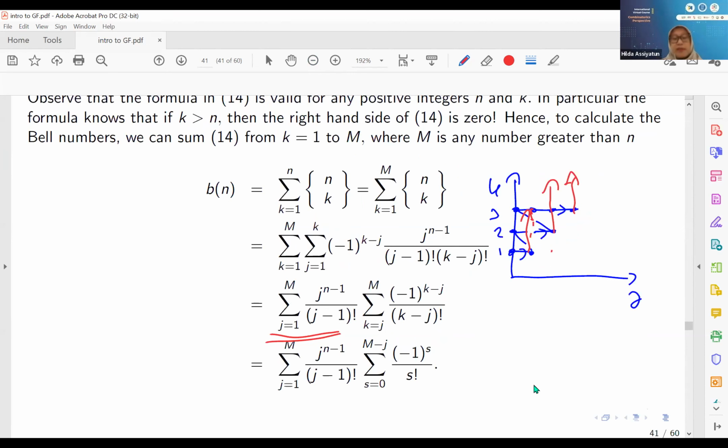And this one is quite intriguing, because it's quite familiar. This is related to the exponential function. More precisely, this is very close to e to the power of -1.